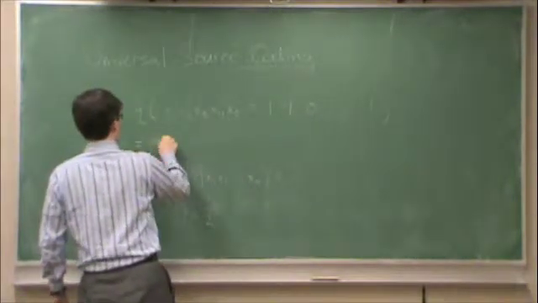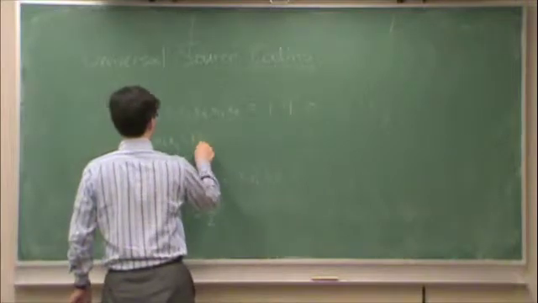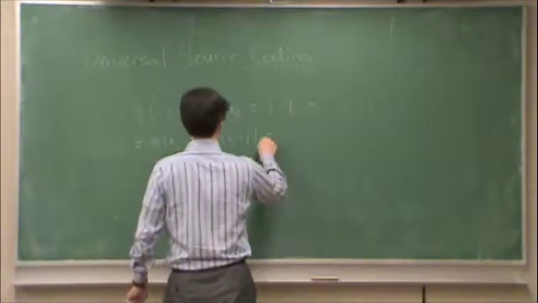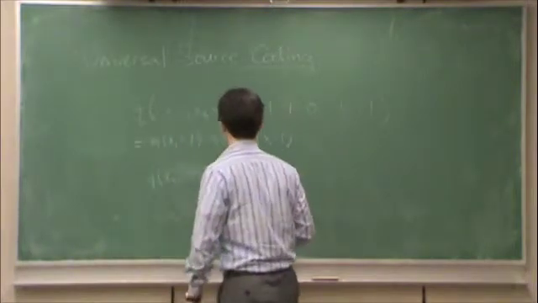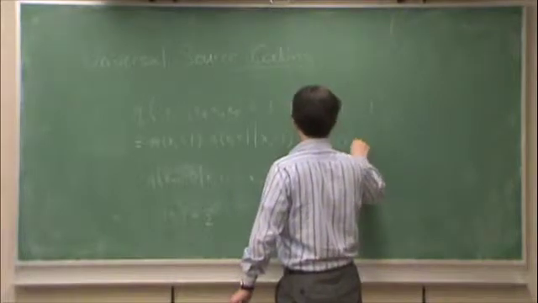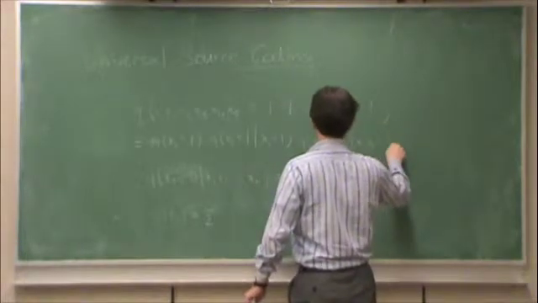This would be equal to Q of x1 equals 1, and Q of x2 equals 1 given x1 equals 1, times Q of x3 equals 0, given x1, x2 equals 1, 1.